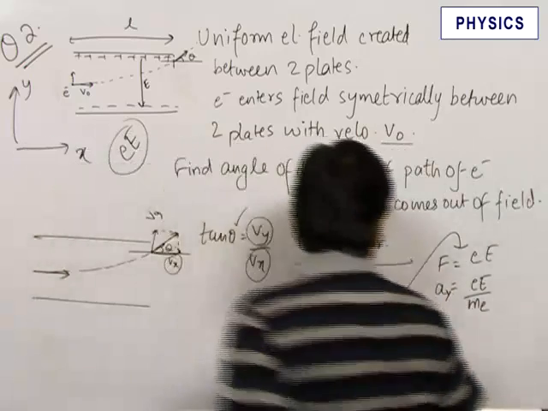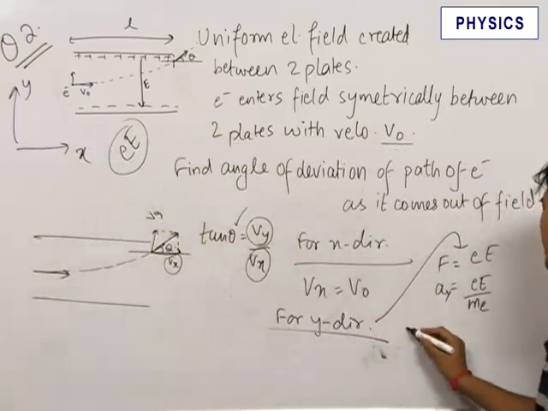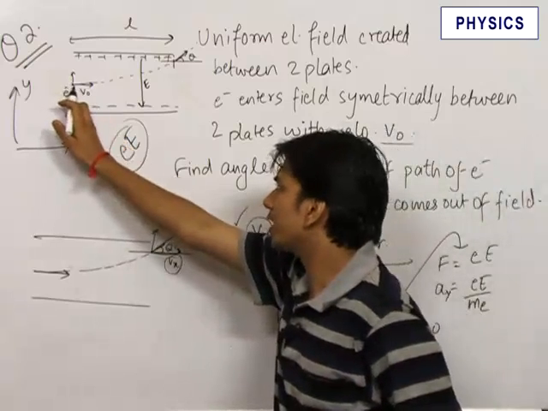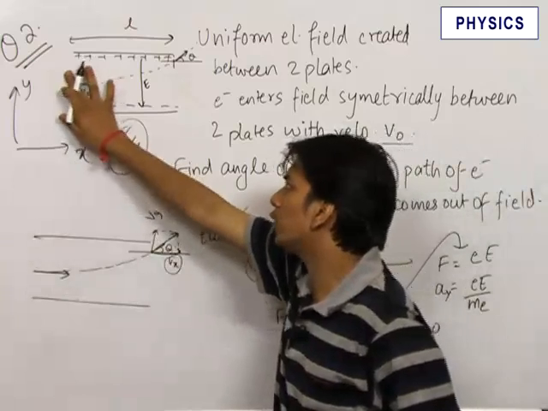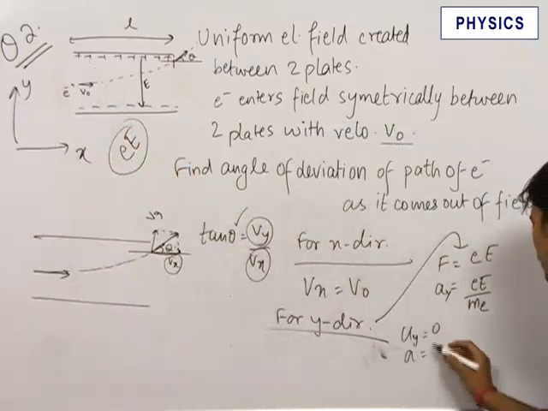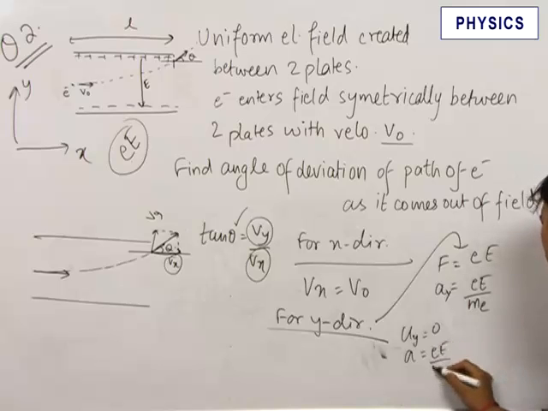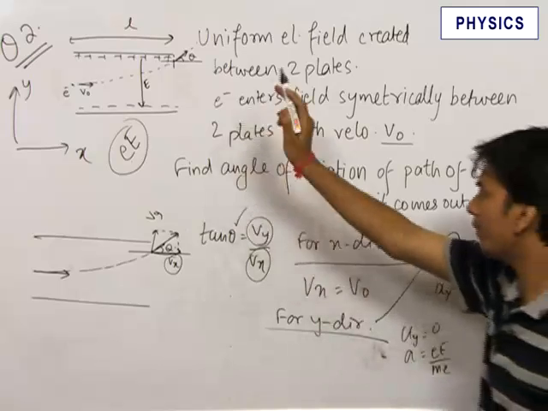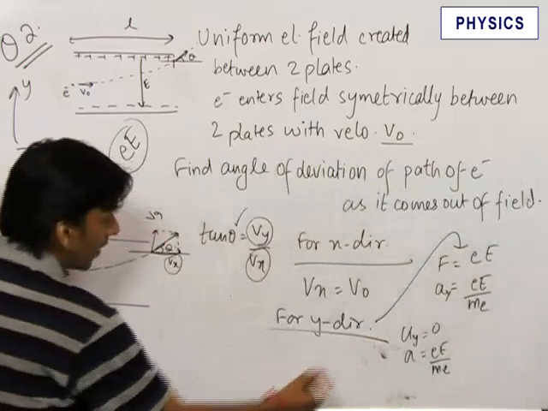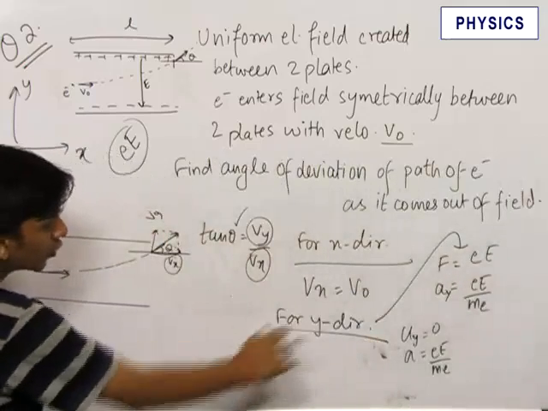Now let us write the equation for the y direction. Initial velocity in the y direction was 0. If the electron had only a horizontal component of velocity, it had no velocity in the vertical direction. Acceleration is equal to eE upon m in the vertically upward direction. For the final velocity we will need time, because we intend to use the formula v is equal to u plus at.